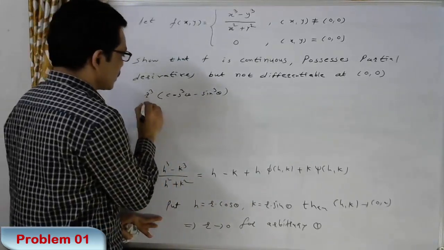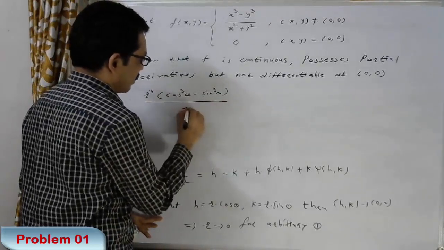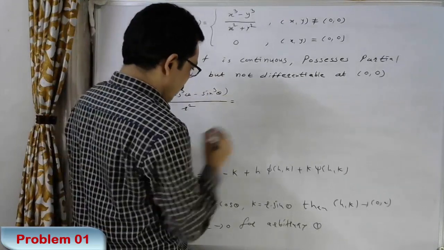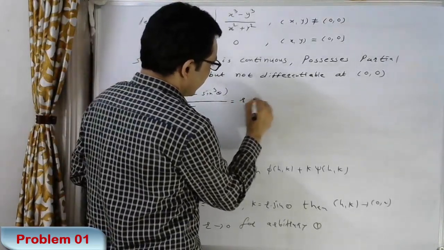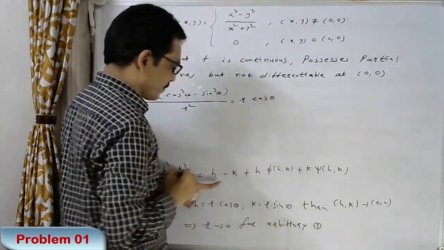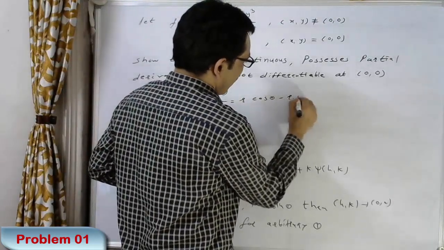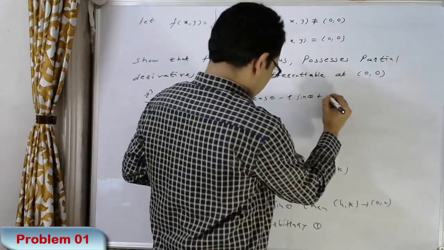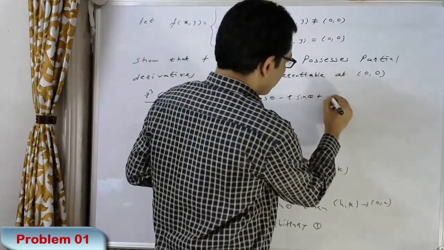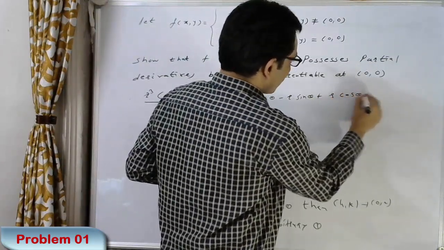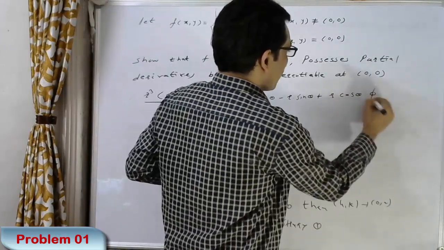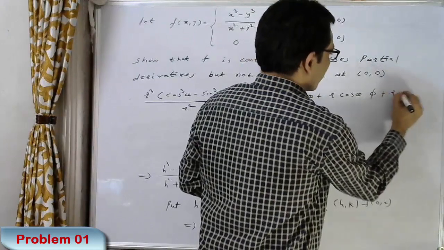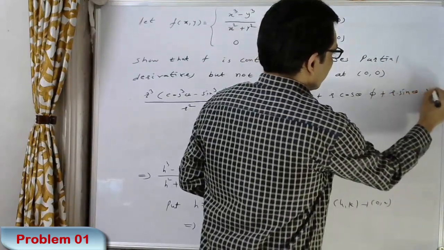Therefore, this is divided by r square. Then this is equal to r cos theta minus r sin theta plus r cos theta into phi plus r sin theta into psi.